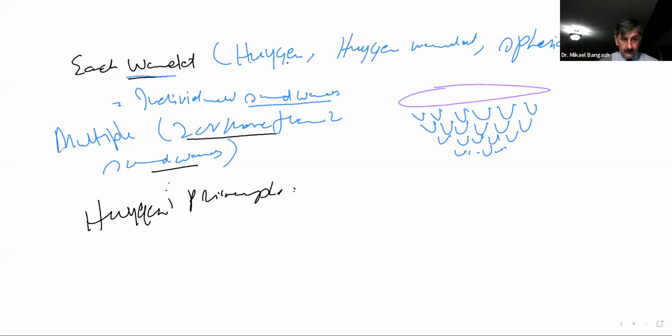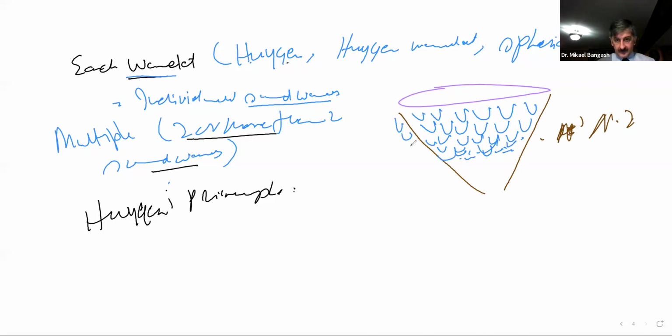Okay, so if we just look at this here, this becomes our hourglass appearance. Let's say it's the near zone, where we have all these wavelets, but we also have wavelets here, for instance, and here.